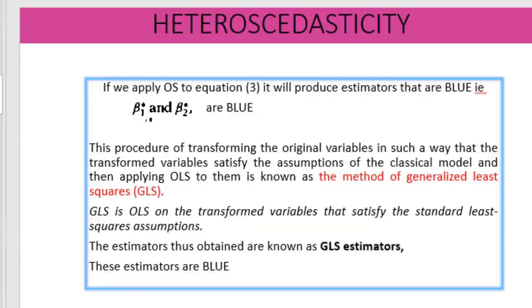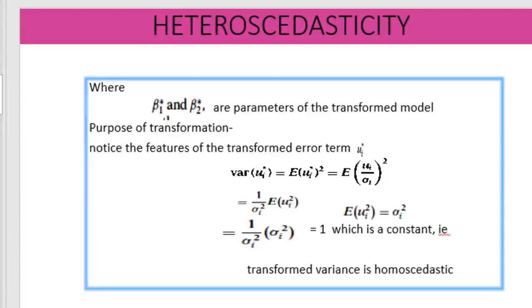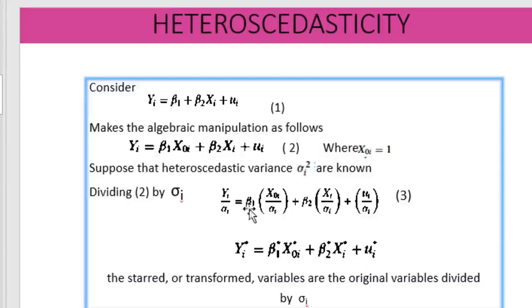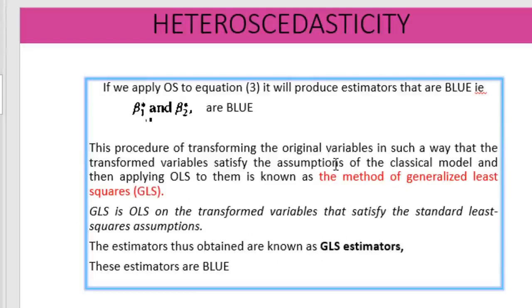If we apply the OLS to this equation, we produce the estimators. That is, if we apply the OLS to this equation, then the estimates that we obtain will be BLUE. This procedure of transforming the original variable in such a way that the transformed variable satisfies the assumptions of the classical model and then applying the OLS to them is known as the method of generalized least squares.